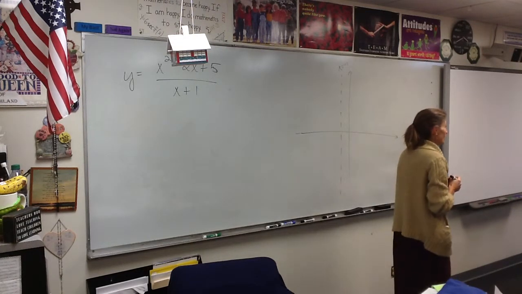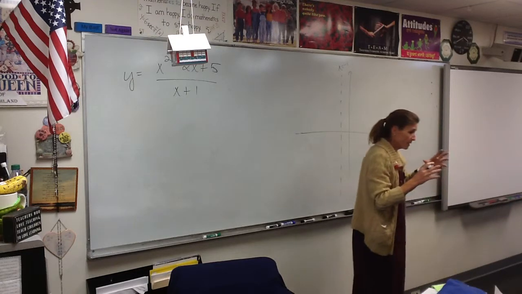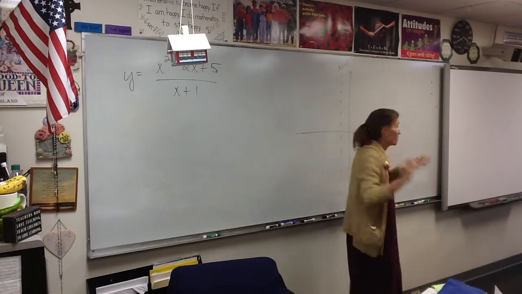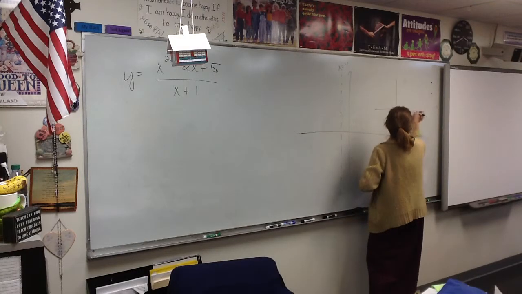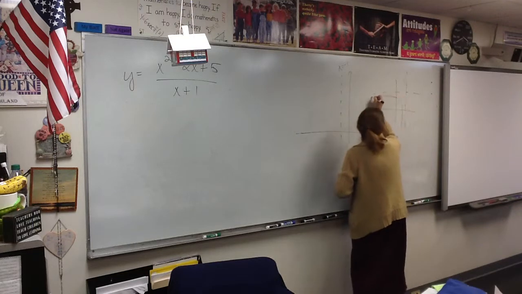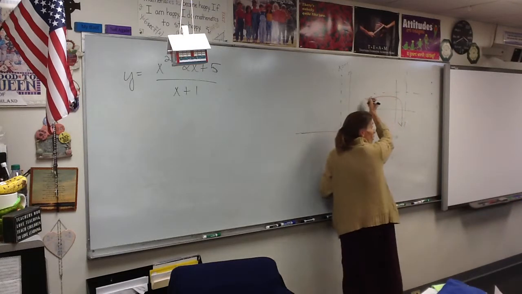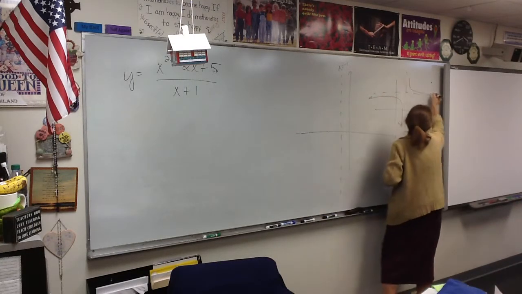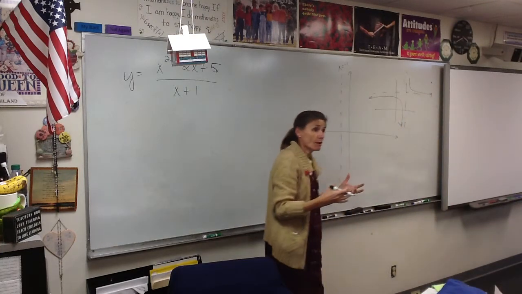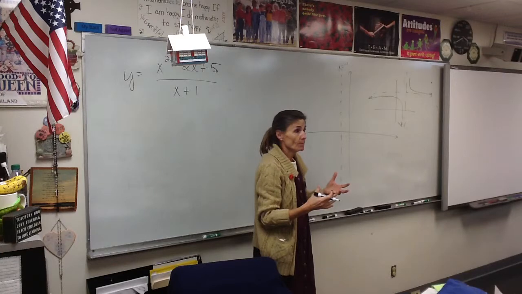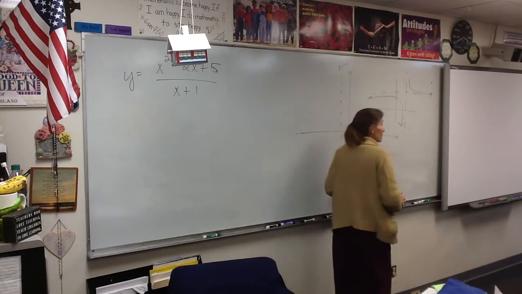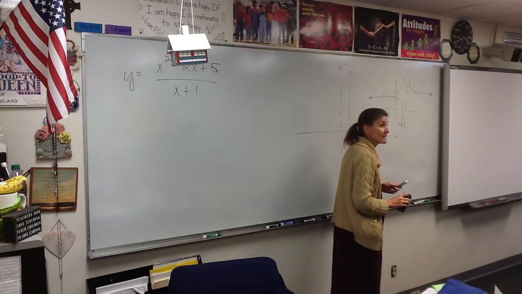End behavior asymptotes are the things that guide the curve as it goes off the sides of the page. And normally, isn't that your horizontal asymptote as it goes off the page? It's guiding you. So horizontal asymptotes are end behavior asymptotes. But there are other kinds of end behavior asymptotes, particularly slant asymptotes.